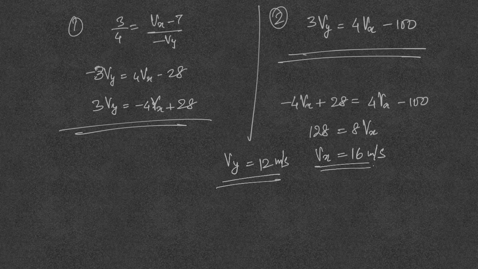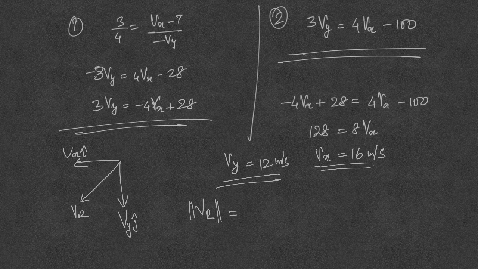As we have seen, this is the velocity of the rain, and we now have the x component Vx i, and we also have the y component Vy j. Now if you have to find the actual magnitude of the rain velocity, it's very simple.